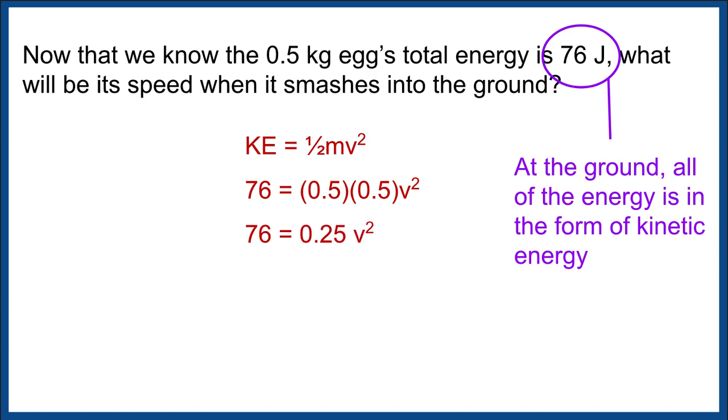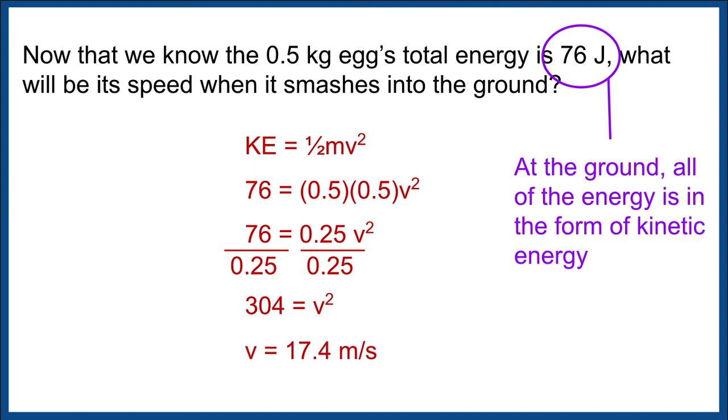Let's first clean things up a little bit by finding out that 0.5 times 0.5 is 0.25. And then we would divide both sides by that 0.25 so that we get the V squared all by itself. And then lastly, we would square root both sides of the equation to find our speed to be 17.4 meters per second. That egg is going to be smashed.